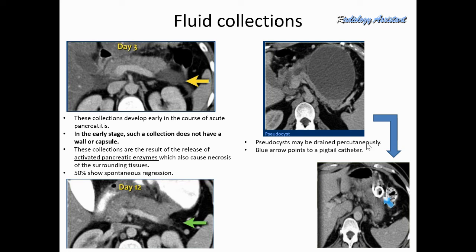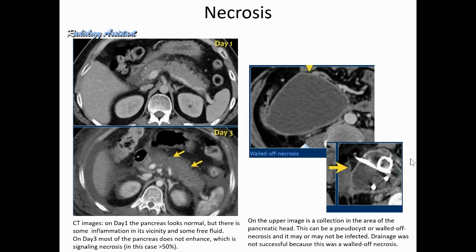Here you can see on the top right image a quite large pseudocyst along the corpus and tail of the pancreas, and the bottom right image shows you a pigtail catheter which drained out this cyst. Let's talk about necrosis.